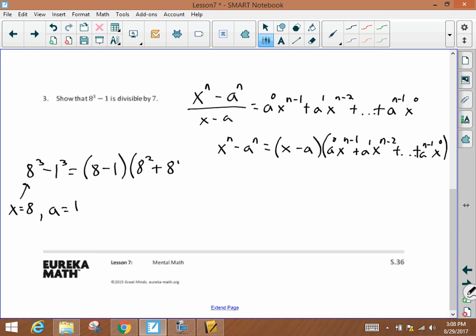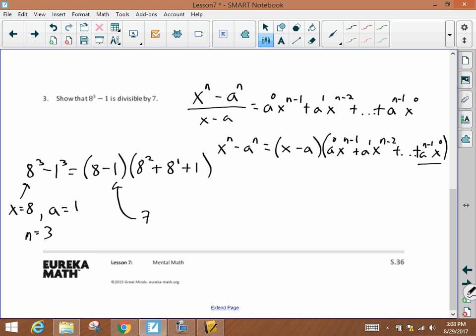And then we have our last term here, right? So what's a to the n minus 1? Well, n, remember, I didn't say it, but clearly n is 3, right? So we're talking about 1 to the second power, which is just 1. So what's this right here?